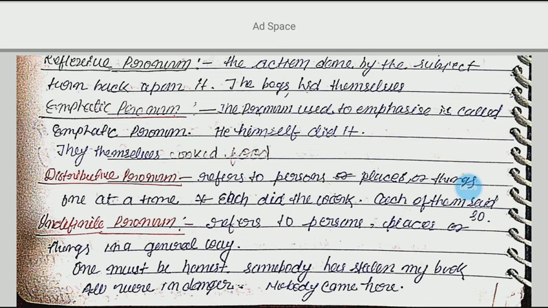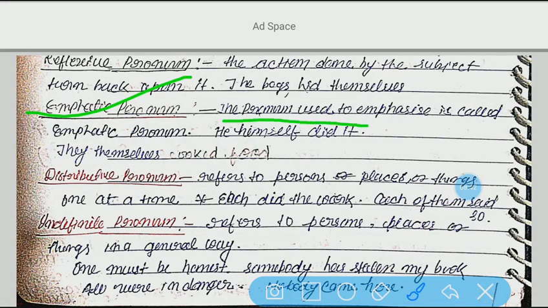All right. Now, come to the emphatic pronoun. The pronoun used to emphasize. What is the meaning of emphasize? Force देना, किसी पे जोर देना. So the pronoun used to emphasize is called emphatic pronoun. For example, he himself did it.